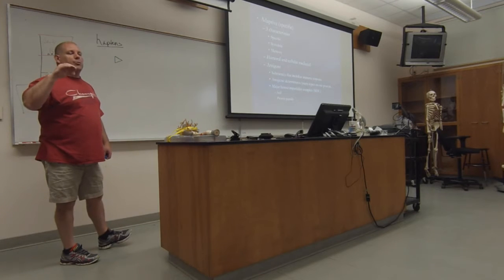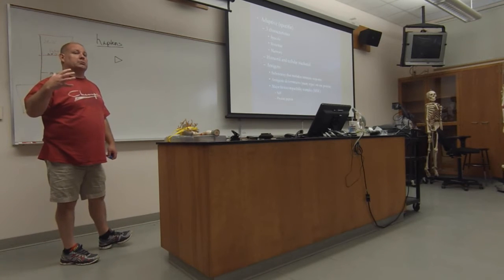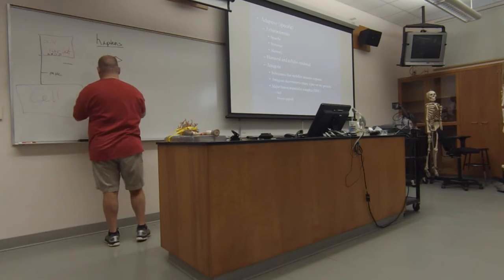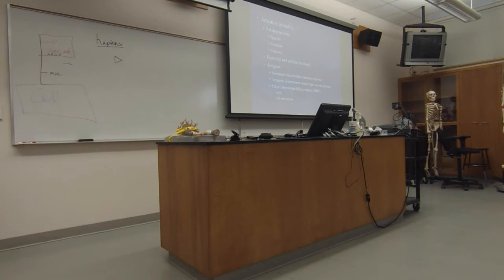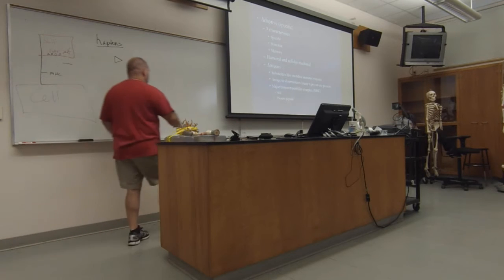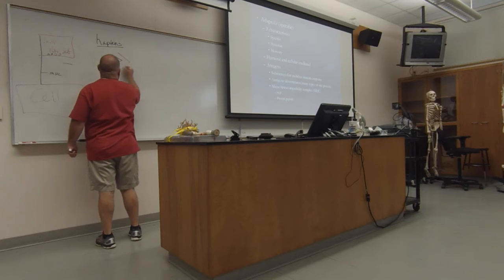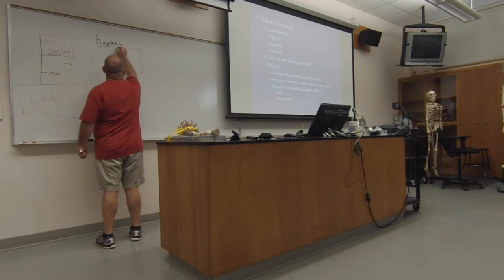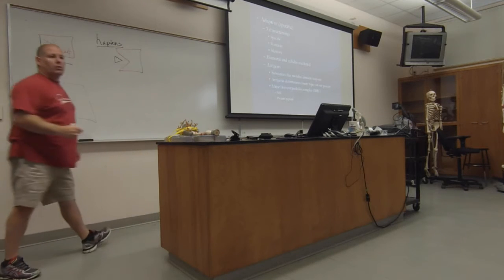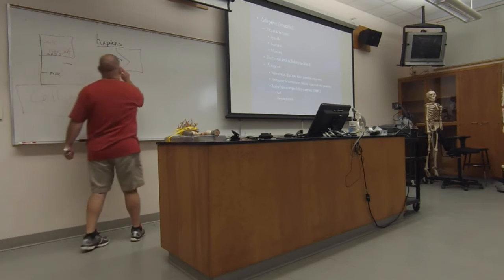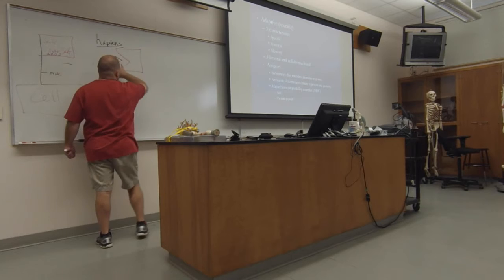But if it pairs up with a larger protein in the body, then it causes a reaction. It causes antibodies to be formed. So this by itself, the little triangle, doesn't cause anything.